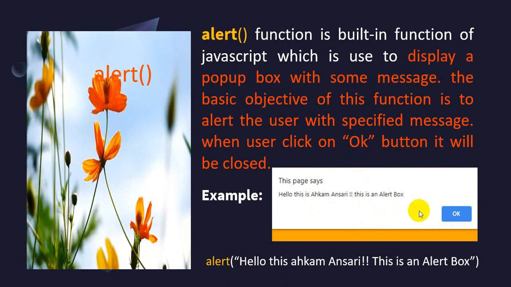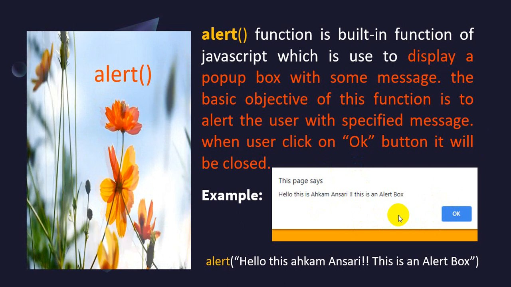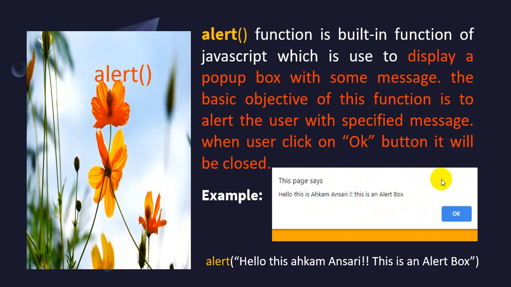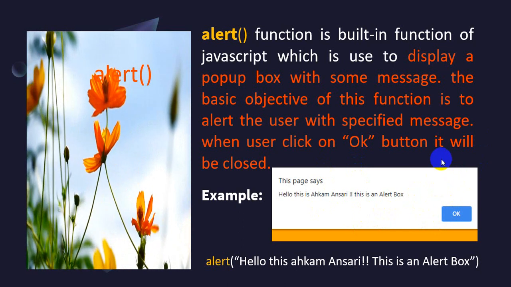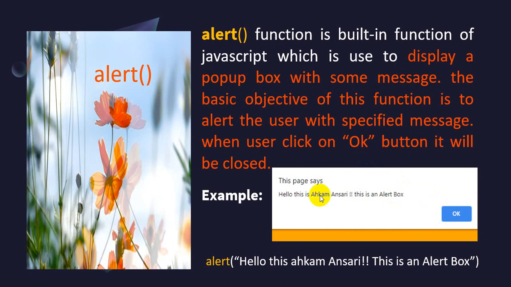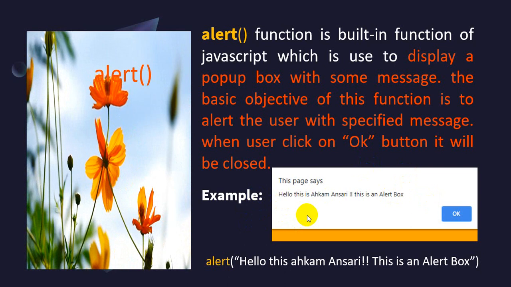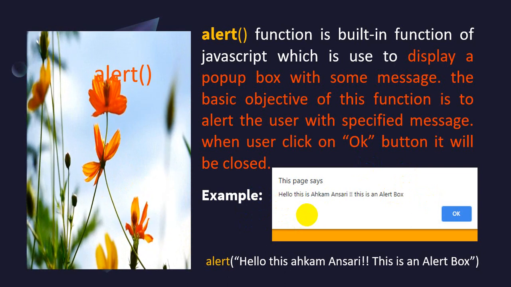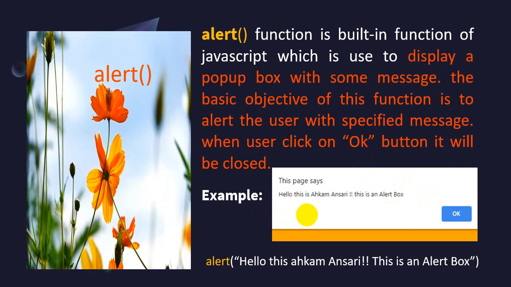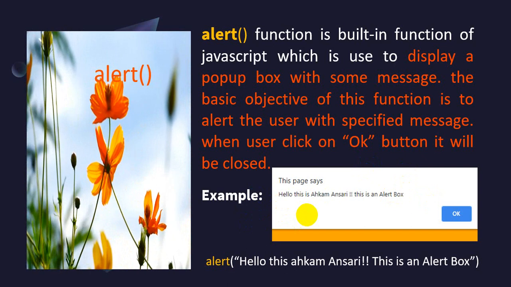So at that time we have two choices, whether to click on OK or cancel. When I show you the cancel button, we will discuss more about the confirm box. The first thing, I think, is that now you are very clear about the alert box. The alert function is a built-in function in JavaScript which is used to create a pop-up box, and in that pop-up box you will get a message and one OK button.